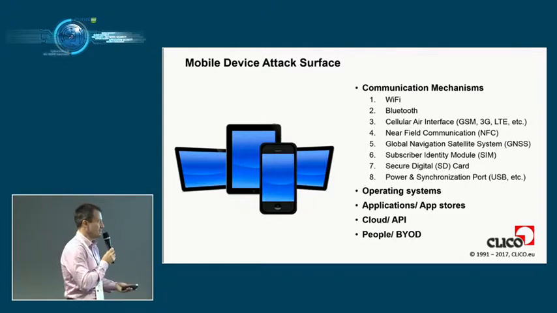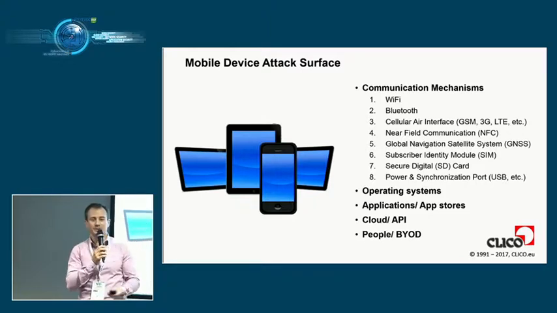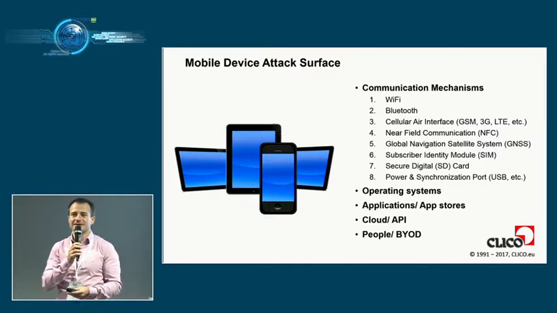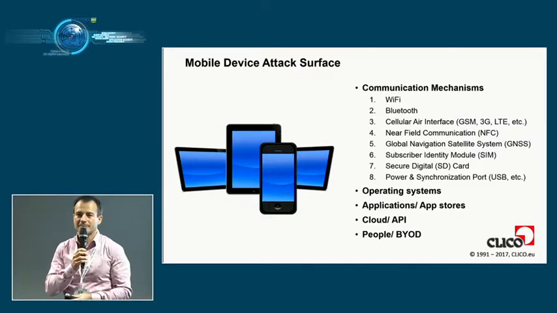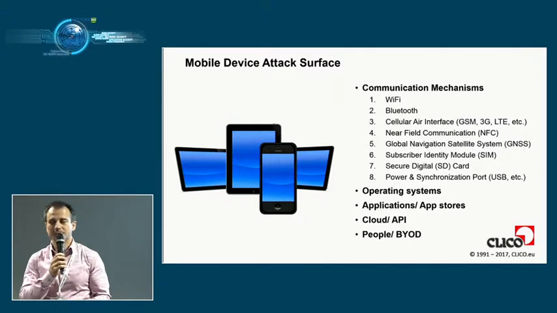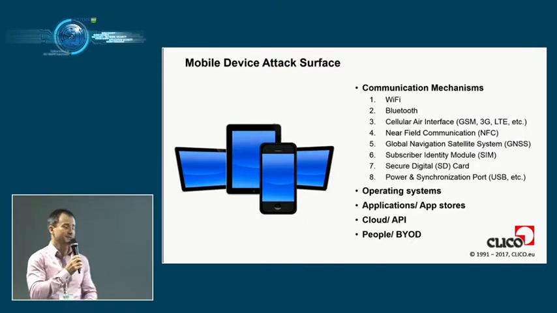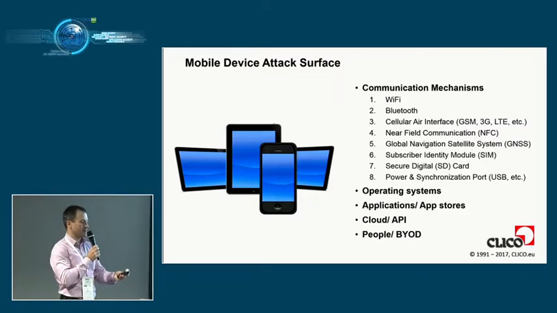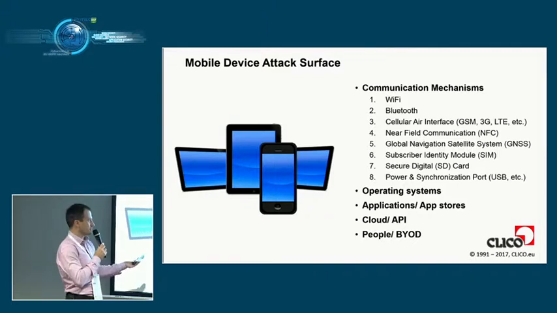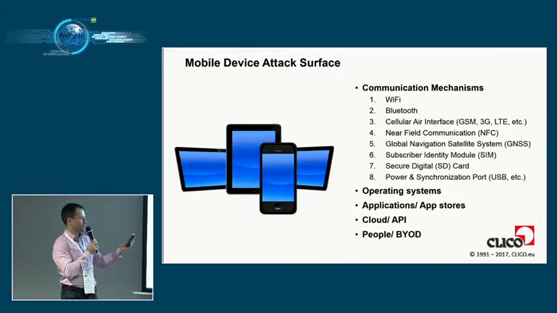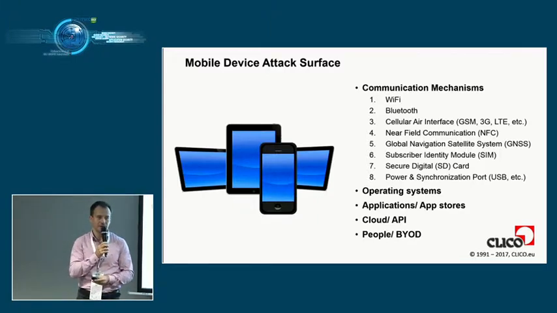SD cards and even a USB port in a computer can be used to compromise a mobile device, if, for example, the mobile device is connected via USB to a computer that is in the hands of cyber criminals. In mobile devices, like in normal servers or endpoints, we have operating system flaws. We have problems with Trojanized applications.